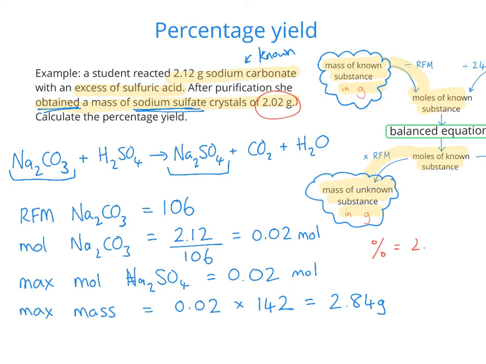Make sure that you get the actual mass given in the question, divided by the maximum mass, 2.84, times by 100, and that gives me an answer of 71% yield. Percentage yields are normally more than 50, unless the experiment's really, really bad. So they should be relatively large numbers.